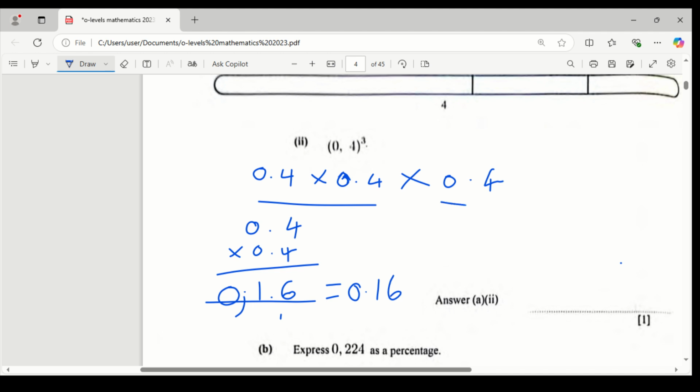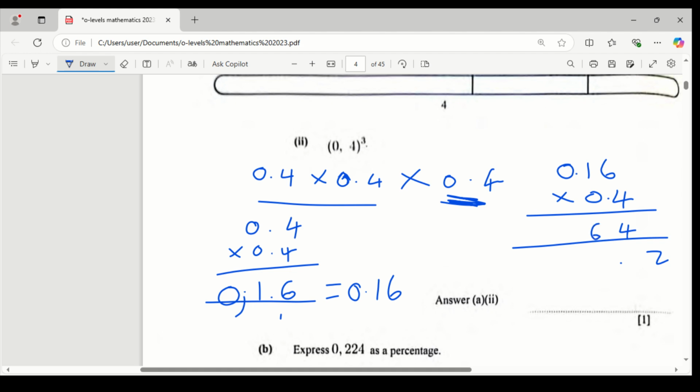So we're going to say 0.16 multiplied by 0.4. Let me write properly here. So we simplify. 4 times 6, which is 24, 4 carry 2. 4 times 1, which is 4, plus 2, which is 6. 4 times 0, which is 0.